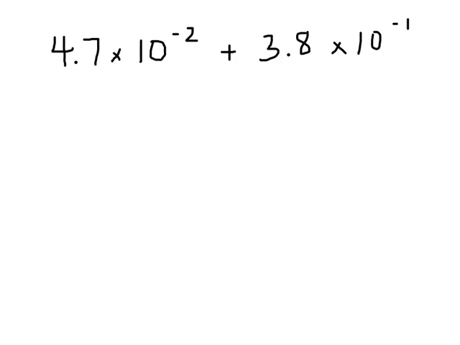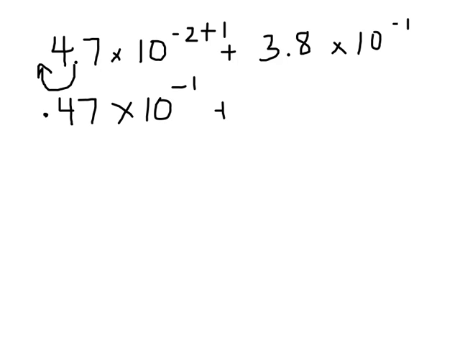Before I can add, my exponents have to be the same. So I have to change negative 2 to a negative 1. The way I'll do that is by adding 1. But in order to add 1, I need to move my decimal 1 space to the left. So I'll have 0.47 times 10 to the negative 1 plus 3.8 times 10 to the negative 1.